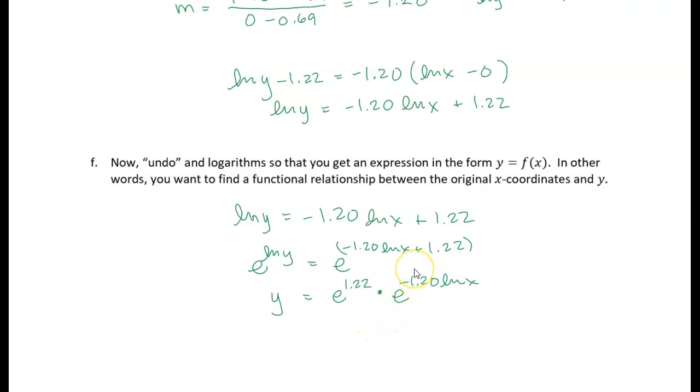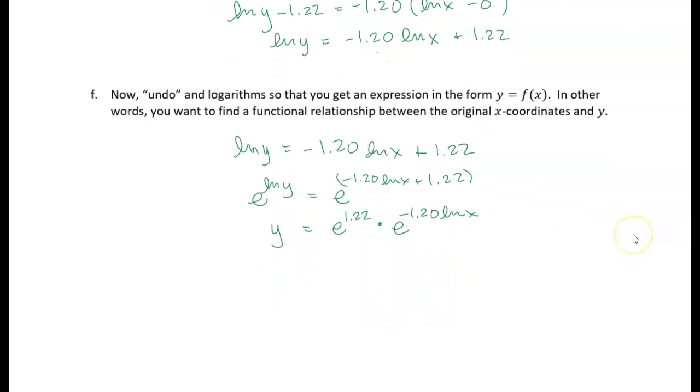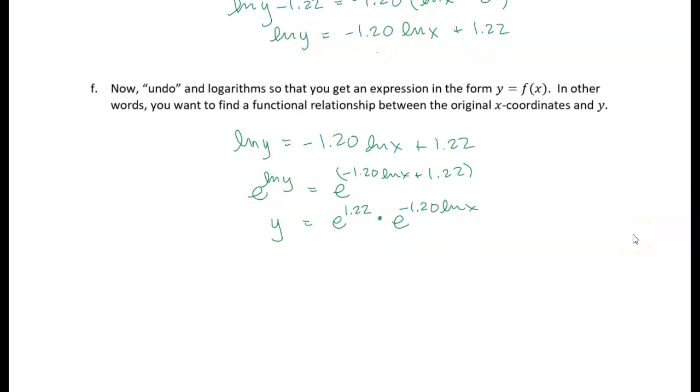We're getting there. I want to get that natural log of x out of there. The e to the 1.22 is just a constant, so I'll leave it as it is for now. Because I have a natural log multiplied by negative 1.20, I can use the power property to bring this inside the natural log.